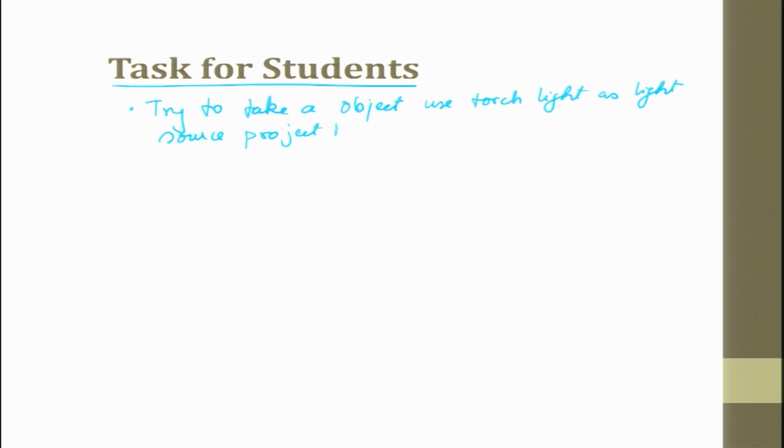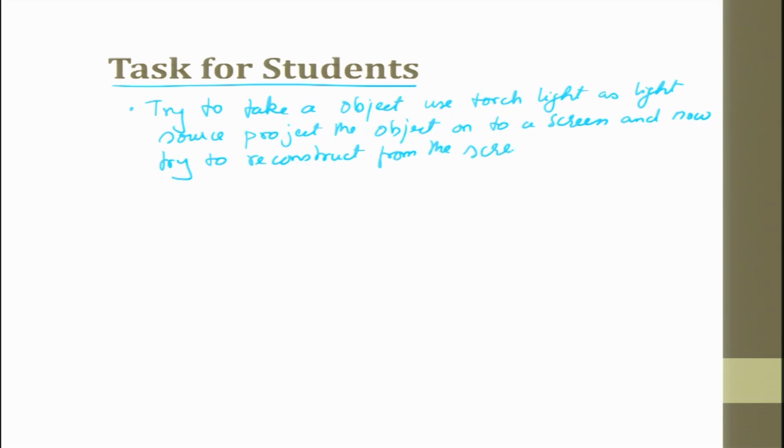Project the object onto a screen, and now try to reconstruct a 3D object from the screen data.